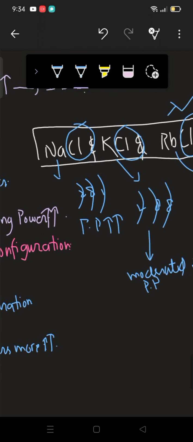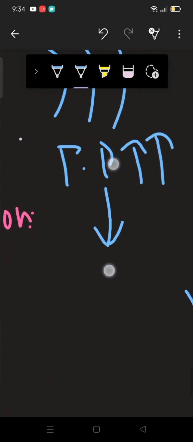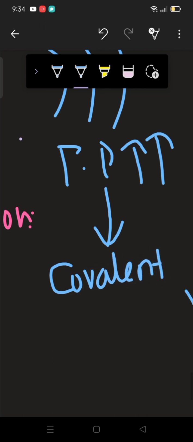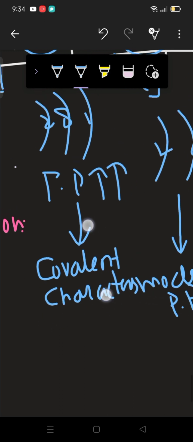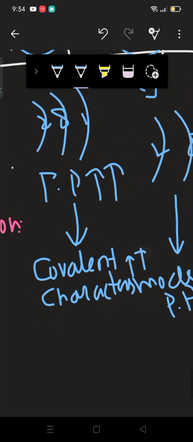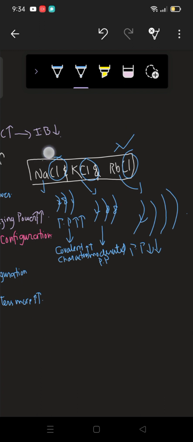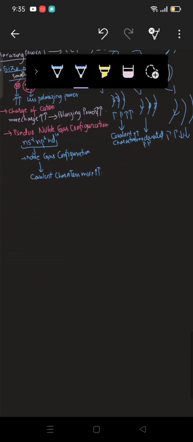Now if it has more polarizing power, it will make the anion attract towards it more, which means covalent character is more in NaCl. So NaCl has more covalent character, KCl has less, and RbCl has less covalent character, right?